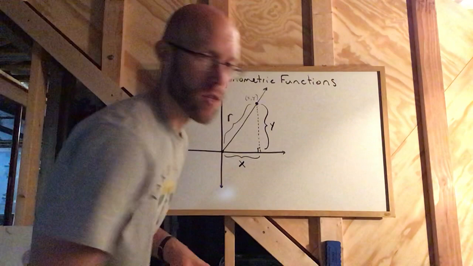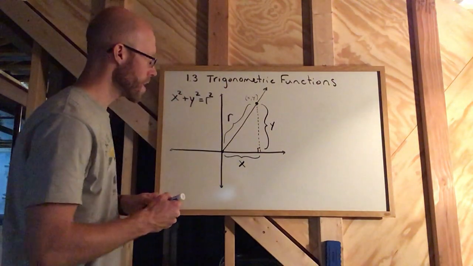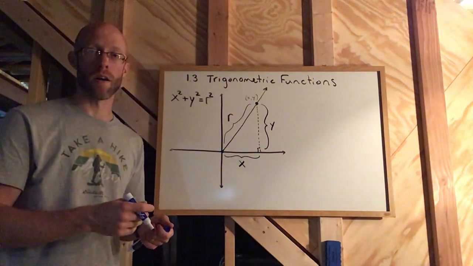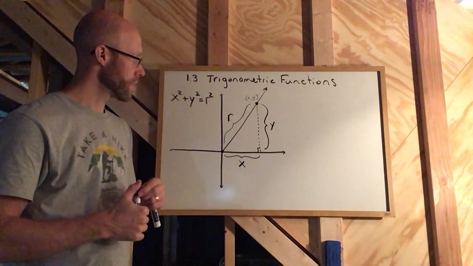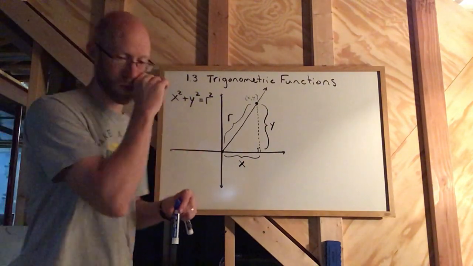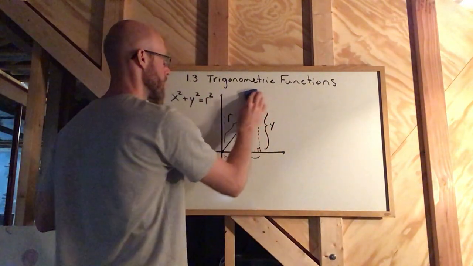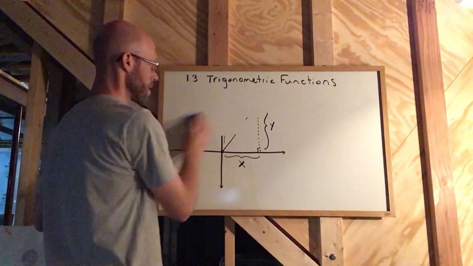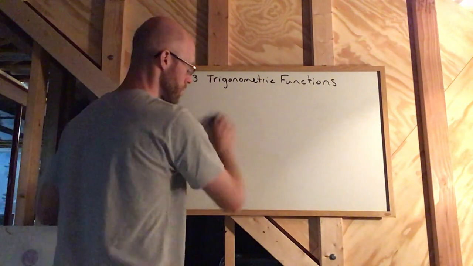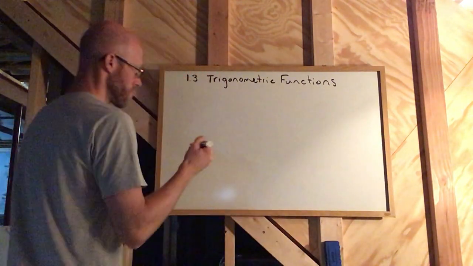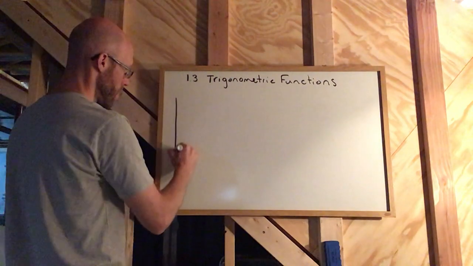So how is this important? Well, actually let me draw a little bit different diagram here. I'll erase what I have, because I'm going to need a little more room to draw some more triangles. So let's put the xy axes way over here now.